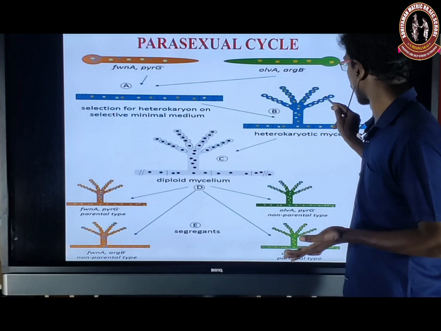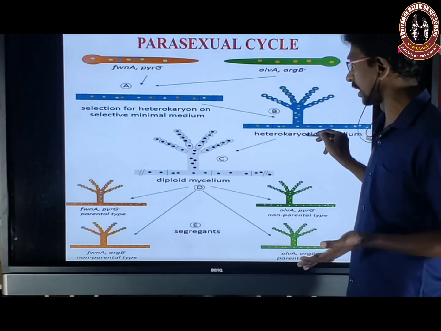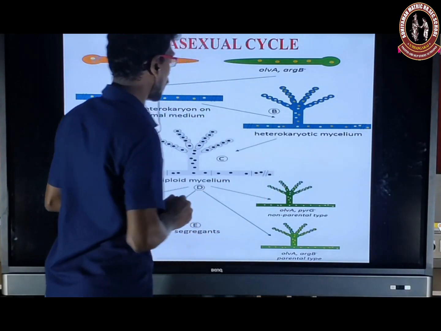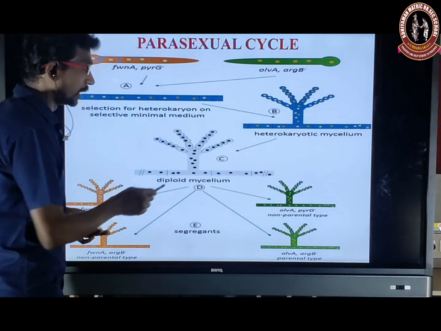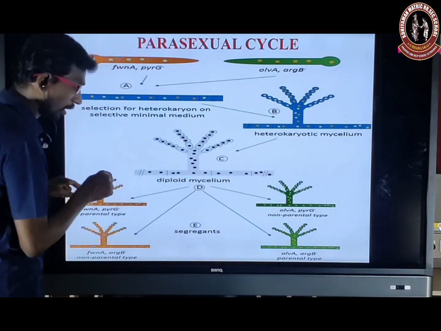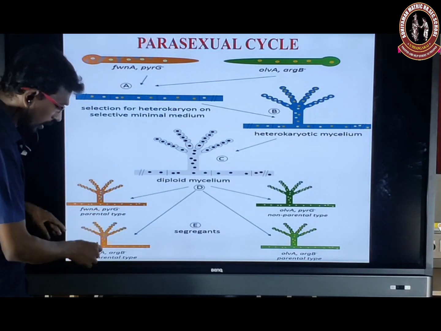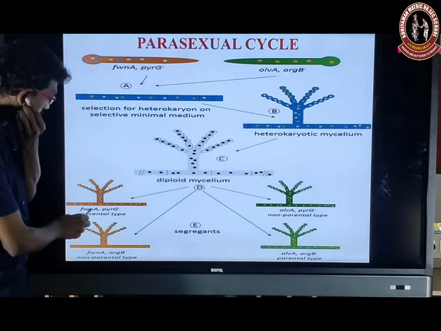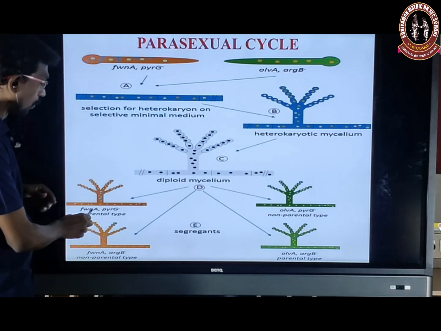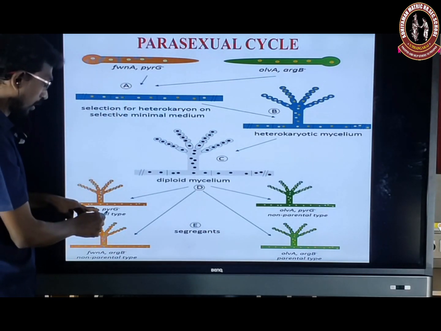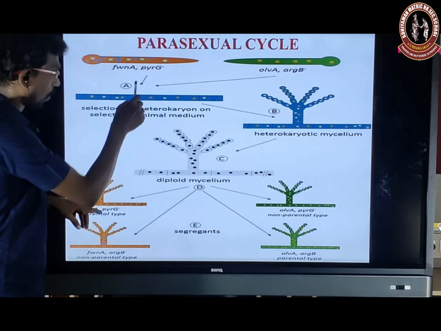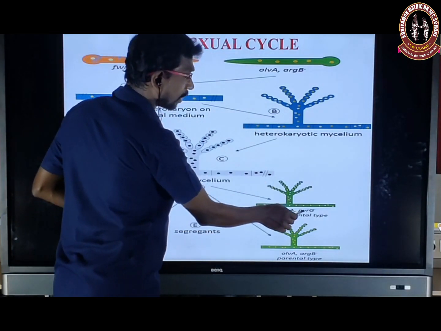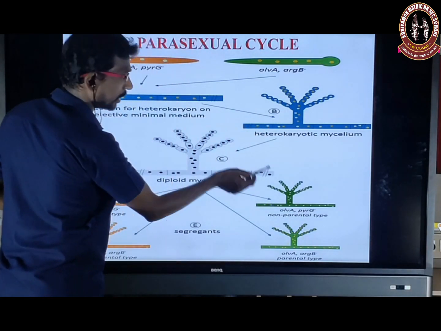That is a dikaryotic condition with two opposite strains, a heterokaryotic mycelium. This heterokaryotic mycelium again gives rise to different gene recombinations. For example, FWNA here and PYRG. So this one form will be regenerated. And OLVA, PYRG. So it is a recombination.